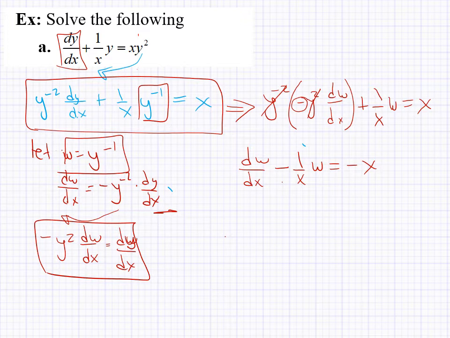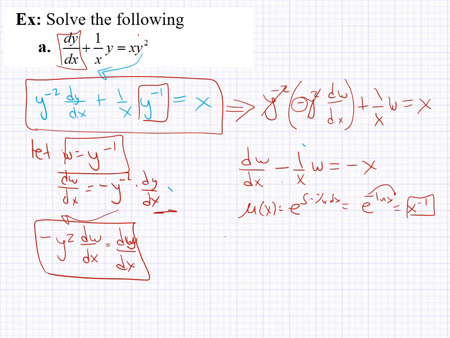So we're going to get our mu. Our mu of x is going to be e to the integral of negative 1 over x dx, which is real easy. So e to the negative ln of x. We simplify that, we get x to the negative 1, bring the negative in as a power, cancel the e in the log. So there's our mu.